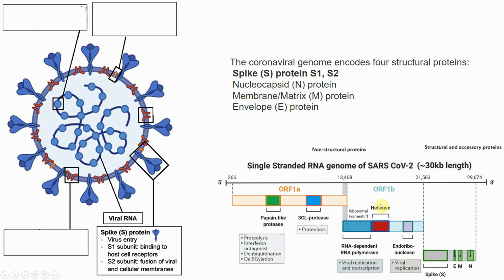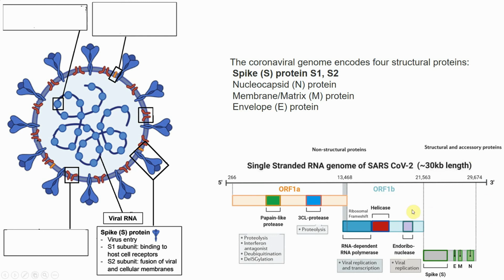And the second segment, ORF1B, has two main parts. As you see, after the ribosomal frameshift, there is the RNA-dependent RNA polymerase, which helps the viral replication and transcription, and in the second part, the helicase.